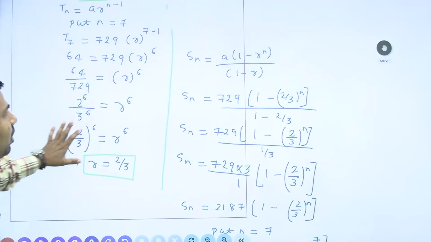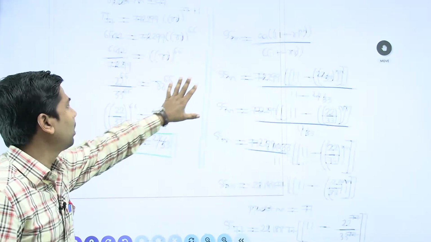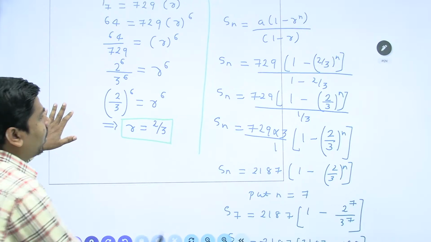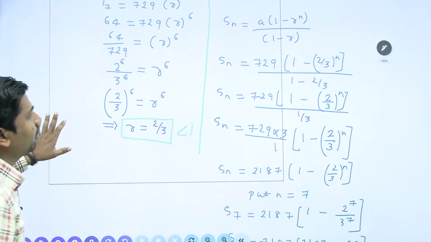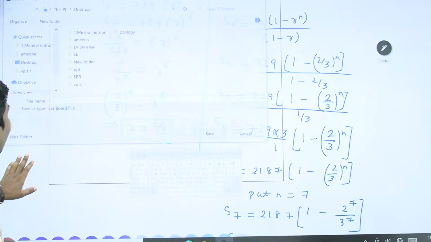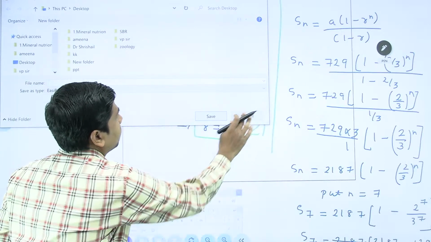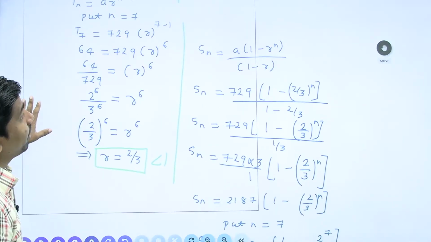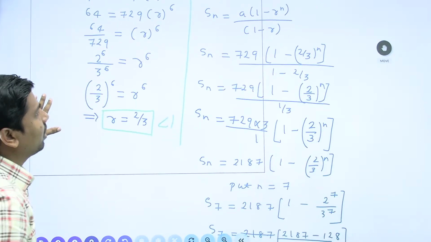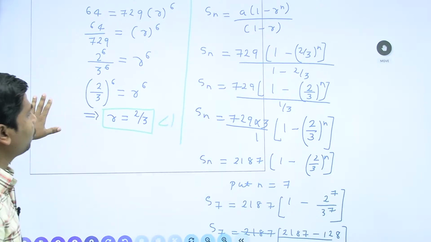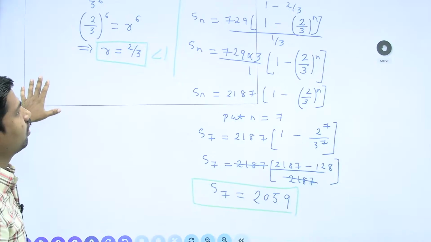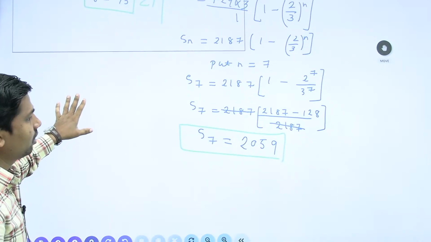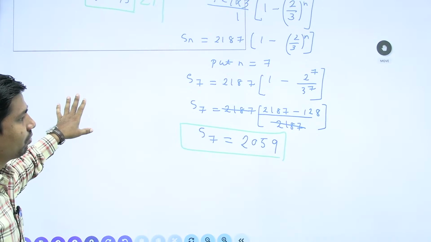Substituting R and A in Sn, since R is 2 by 3, which is less than 1, we used A into 1 minus R to the n by 1 minus R. With A as 729 and R as 2 by 3, simplifying 2 power 7 by 3 power 7, S7 is 2059.